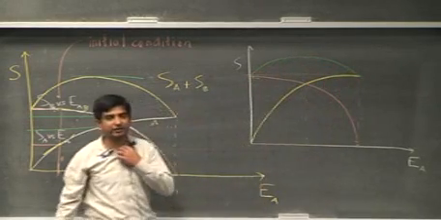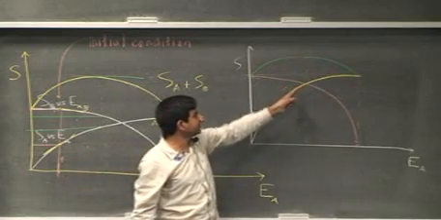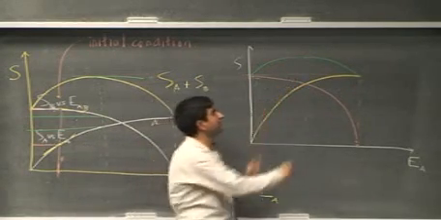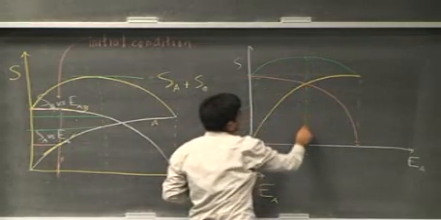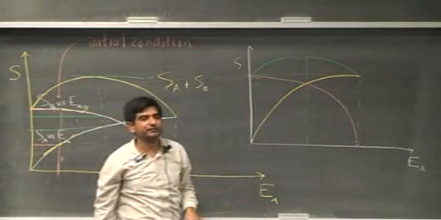This is the graph for identical objects. This is the total entropy, this is the entropy of A, this is the entropy of B, and equal sharing of energy will take place for identical objects of the same mass.